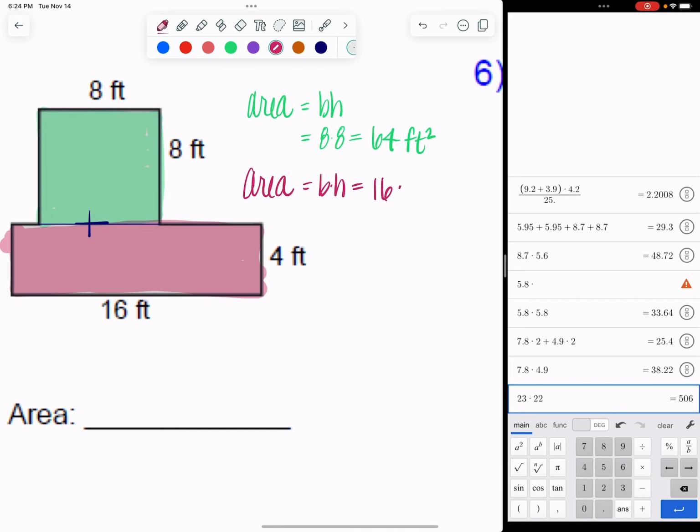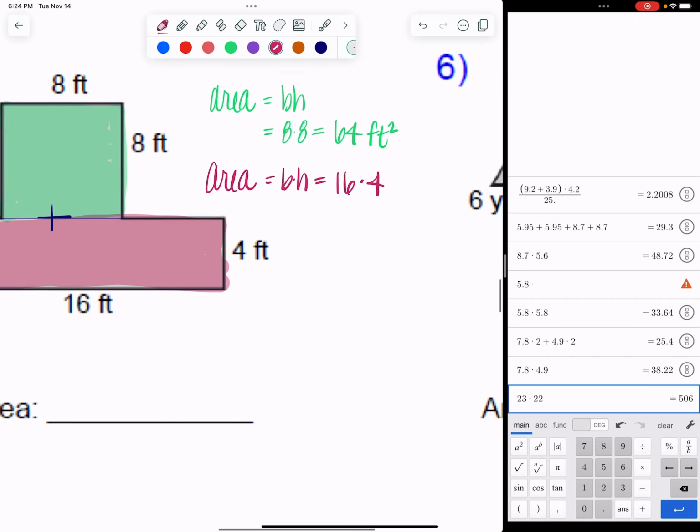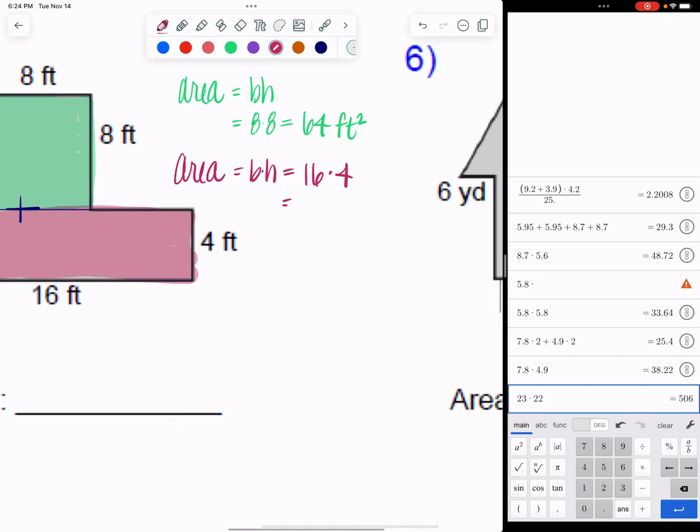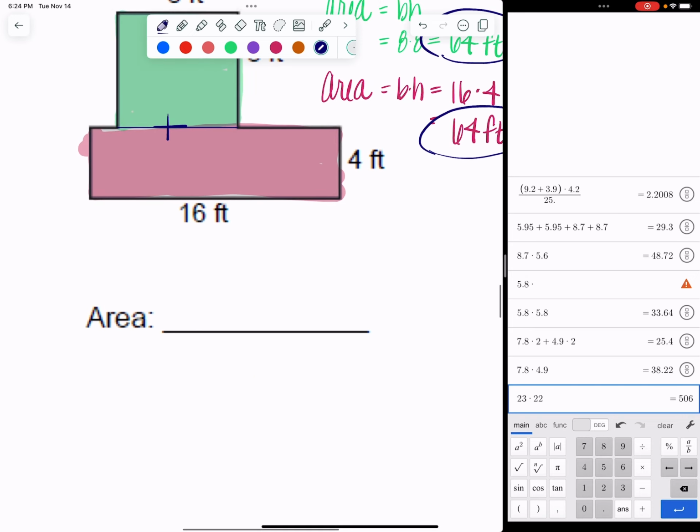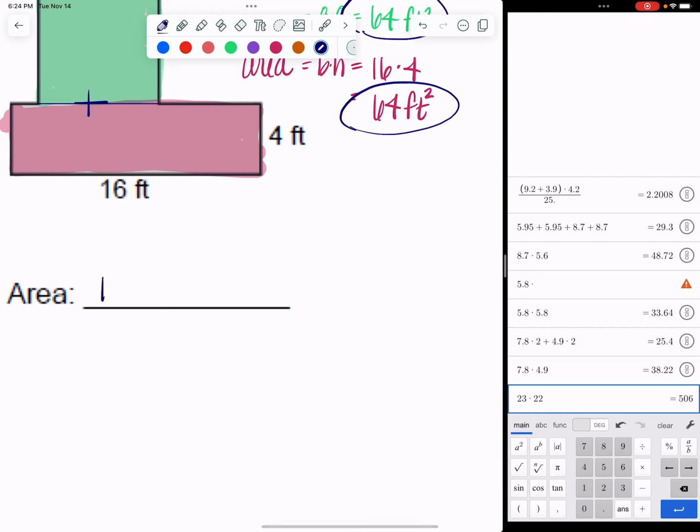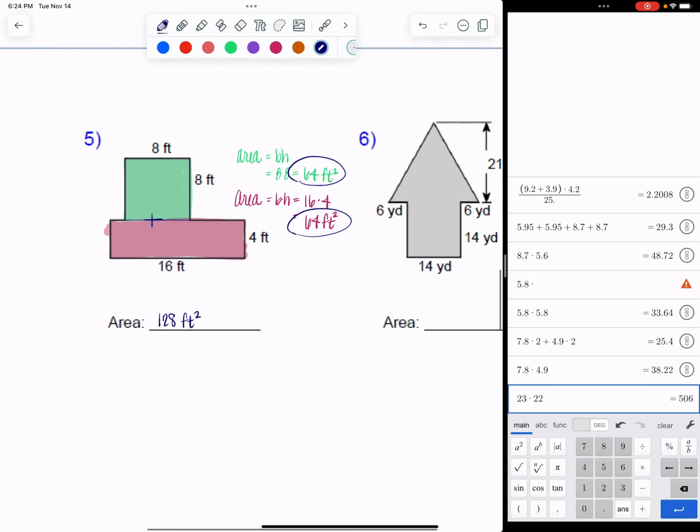That's 16 times 4. That is also 64 square feet. So if I add the total for the square and the total for the rectangle, I get 128 square feet of area in all.